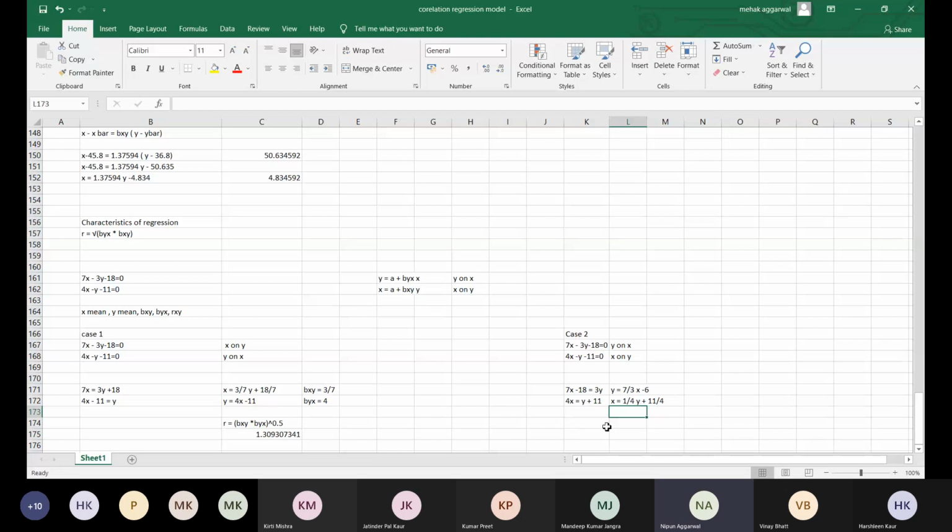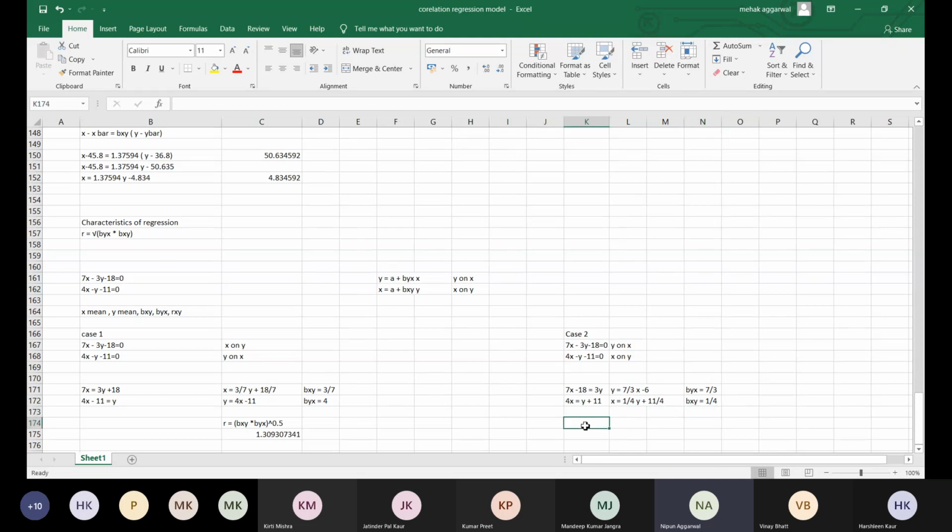From this, the regression coefficient byx is the coefficient of x, which is 7 by 3, and bxy is 1 by 4.